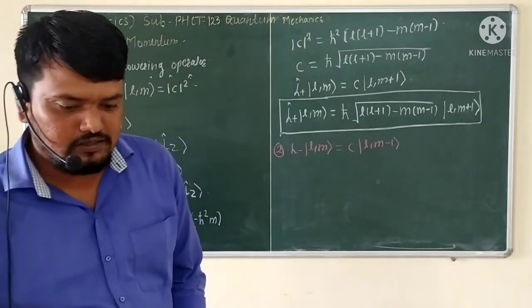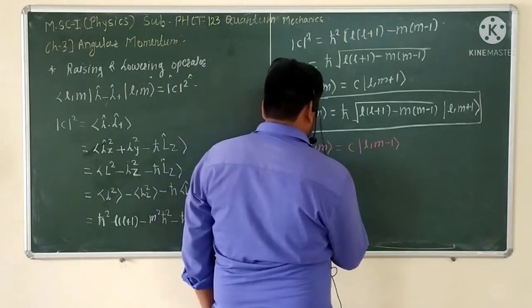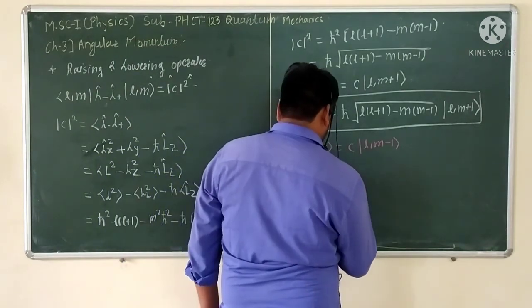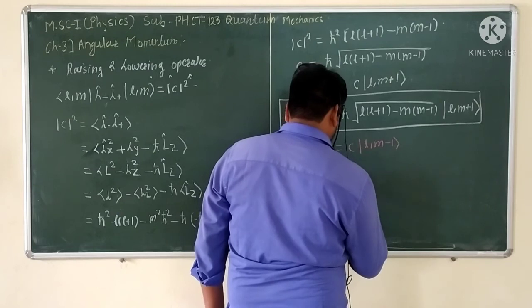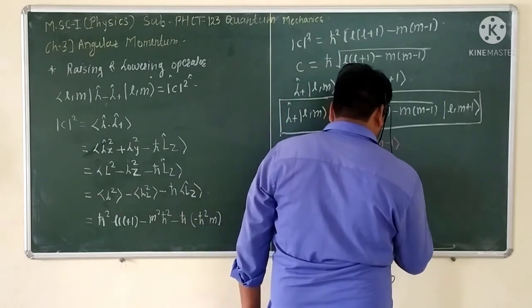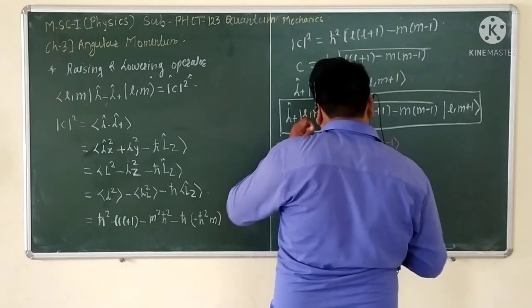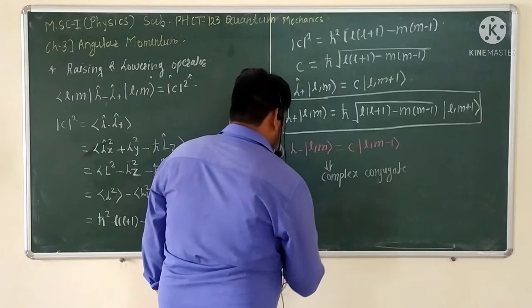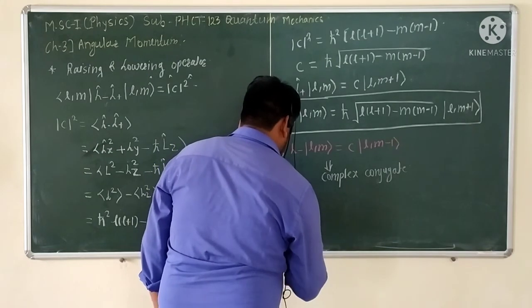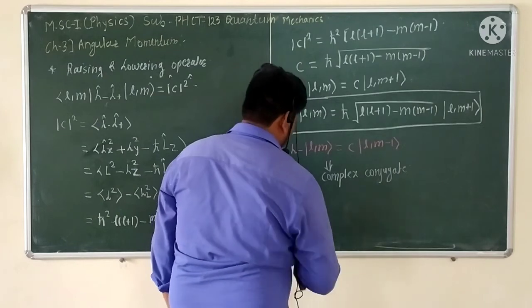If we take the complex conjugate of this relation, so here the ket of L comma m.